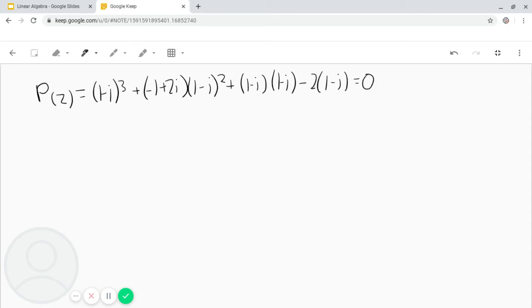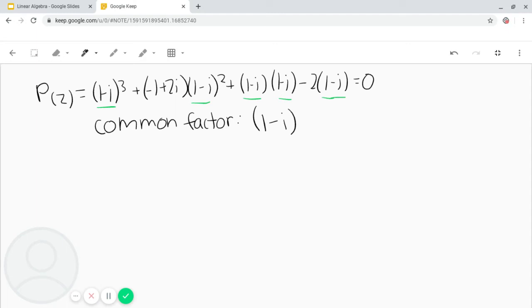So we can see right away that a common factor is this 1 minus i, so we can take that out.